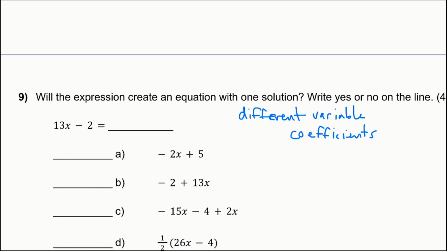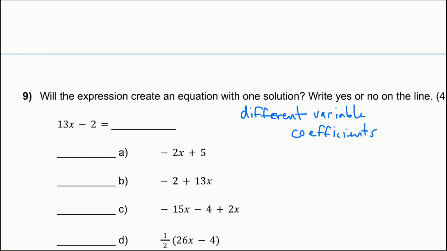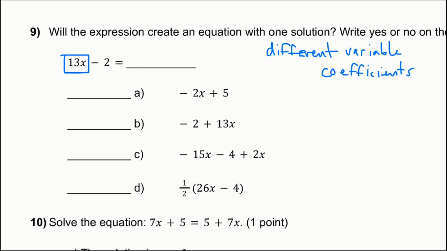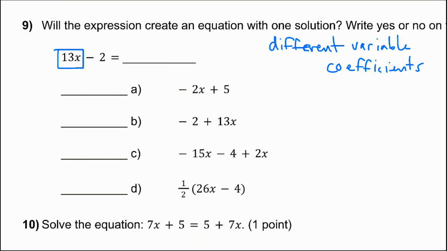C-O-E-F-F-I-C-I-E-N-T. I don't know if I spelled that right. Oh, well. So it doesn't really matter about the constants, but we want to make sure that when we simplify these down, we don't have a 13x. We do not want to have a 13x when we simplify these down. So negative 2x, that is not 13x.